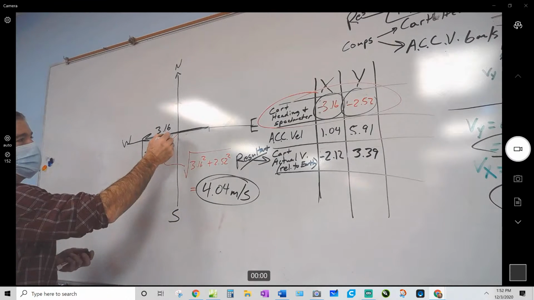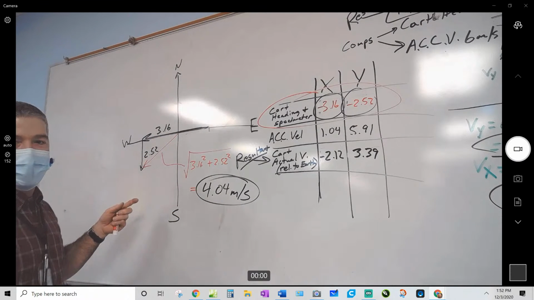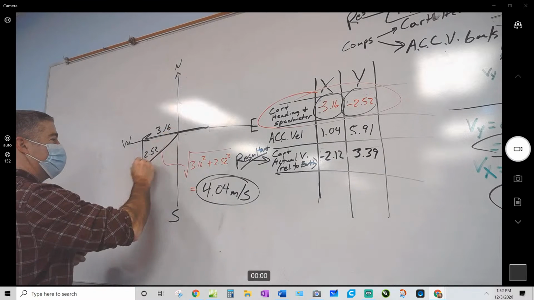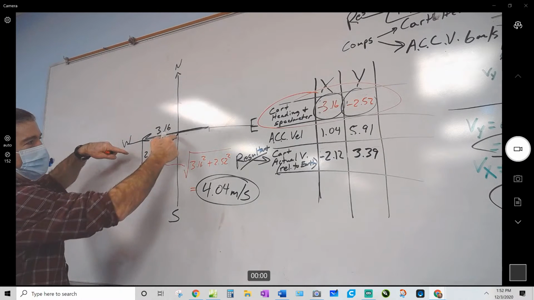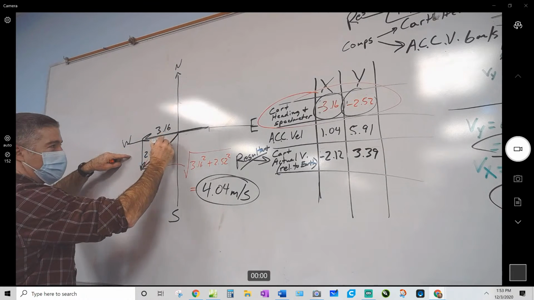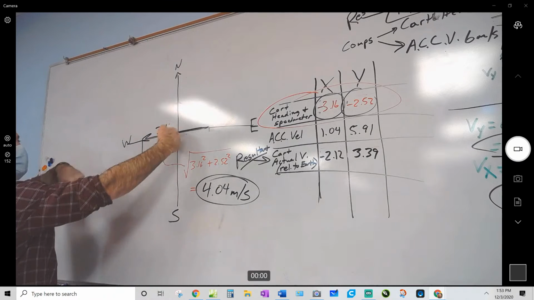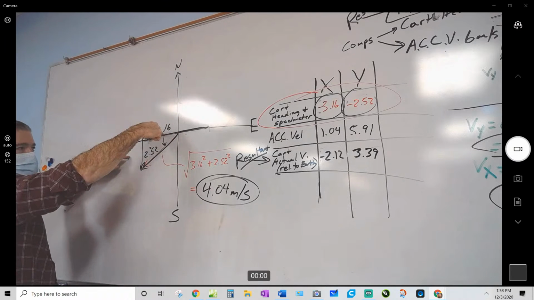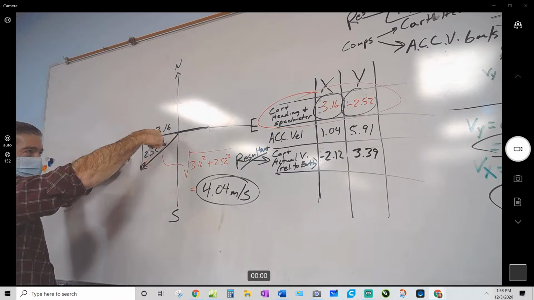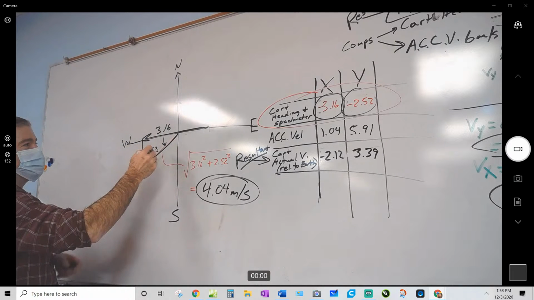And then I've got to have the direction. Let me draw it in. It's kind of hard to see for the people at home. This direction would make the most sense if I were to describe this angle. So west would be this way. I'm going to say it's so many degrees south of west, whatever that angle ends up being.